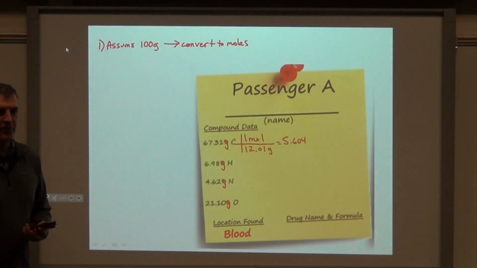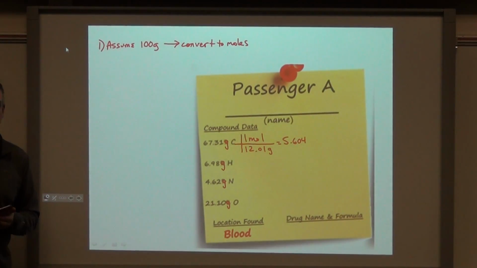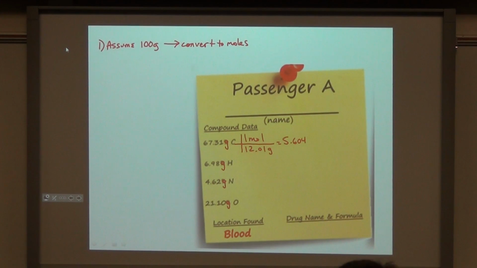So for the first one, I got 5.604 moles. That's actually 5.604 and more digits. I could keep all those digits. I probably don't need to keep more than, say, 3 or 4. But please don't stop at just 1 or 2.